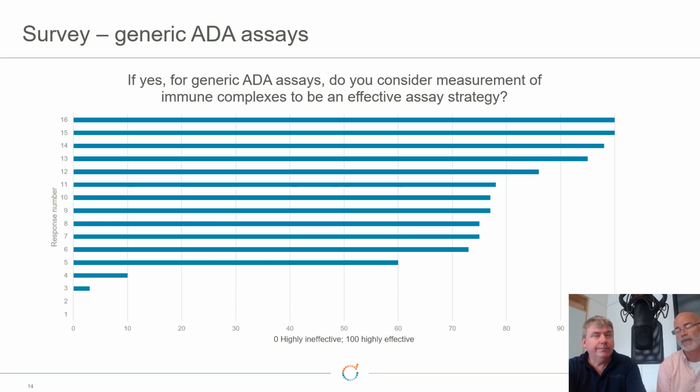It's then an anti-drug antibody would have to be complexed to the drug in that case to be able to see a signal. Yeah, and the advantage of this format is actually you're pulling down the complex, but you also can detect the immune complex a lot earlier because it's more drug tolerant, which we're going to go through in the next few slides.